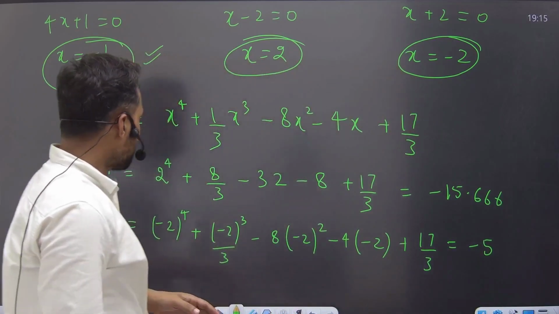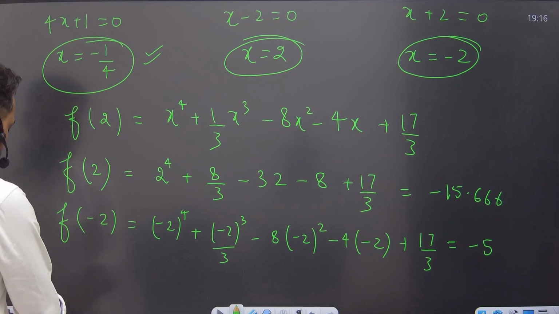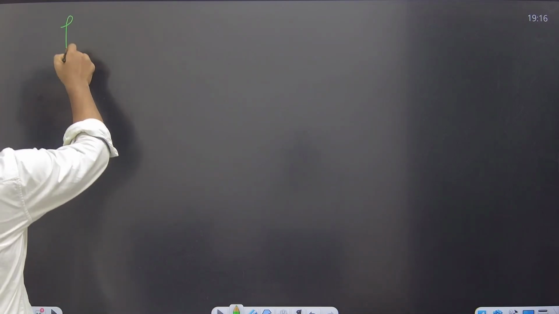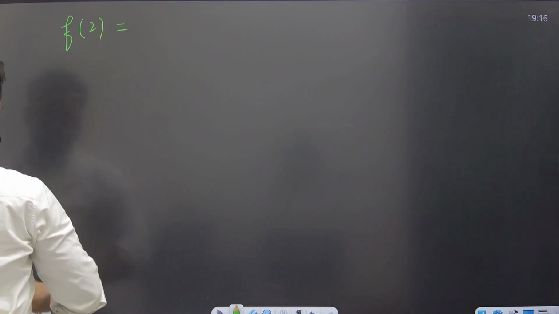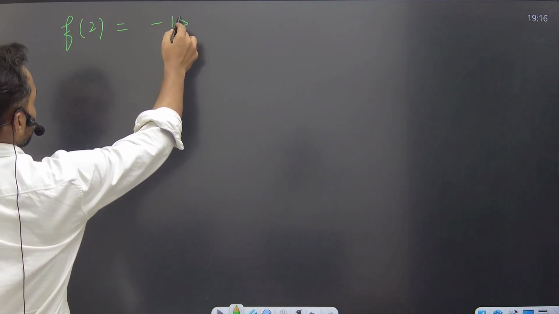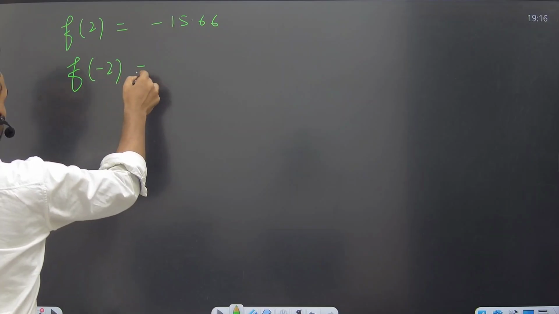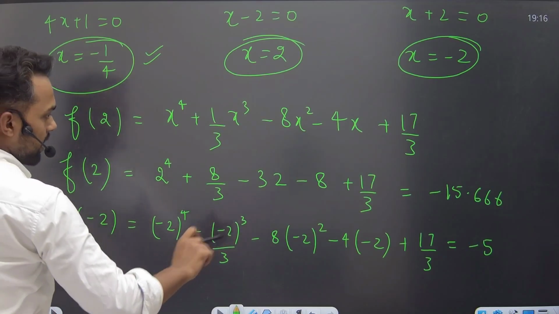Okay, so we have got the value of f(2) and f(negative 2). Function of 2 is negative of 15.66. Similarly, function of negative 2 is negative of 5.